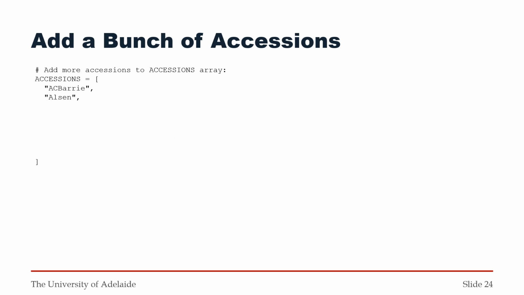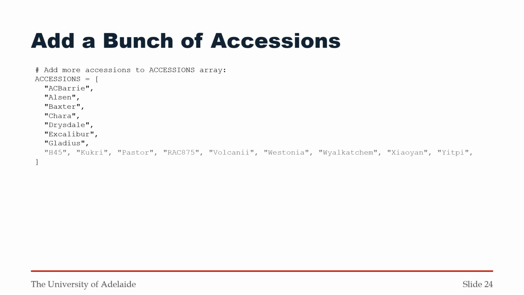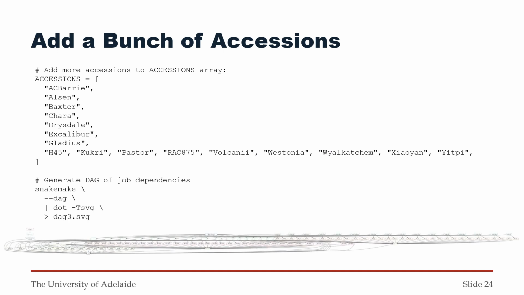And so if we execute that, we'll get all of the jobs submitted to the queue. And we can also then expand this and say, add even more accessions. And so this is adding all of the accessions that were available to Dawn. And if we again have a look at the graph for that, these graphs start getting quite big quite quickly and almost become useless at this stage.